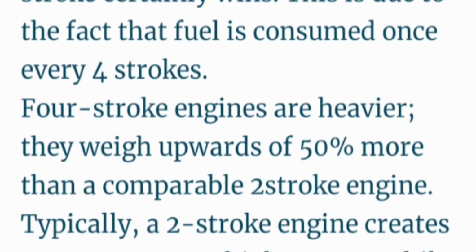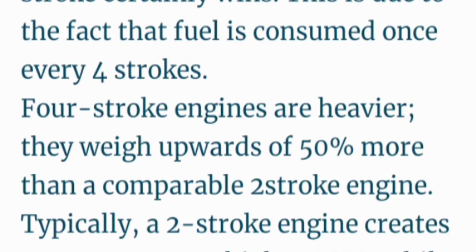Pros and cons. So which is better? Here are a few of the pros and cons of both engine designs. As far as efficiency goes, the four-stroke certainly wins. This is due to the fact that fuel is combusted on every fourth stroke. Four-stroke engines have about 50% more efficiency than a comparable two-stroke engine.